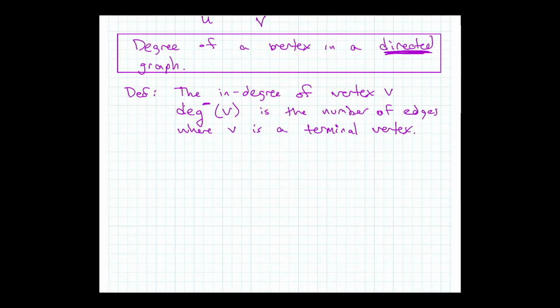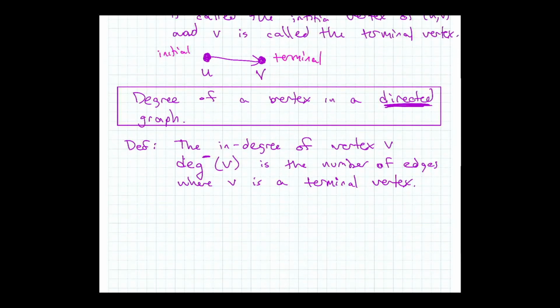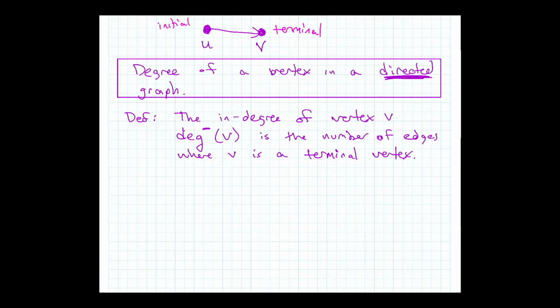Right. So in degree, it means the number of edges coming in. So, like this right here, it comes into V. So V has an in degree of 1, and U has an out degree of 1, which we haven't defined, but you can figure it out. So in degree, number of edges where V is a terminal vertex. So those are edges coming in.